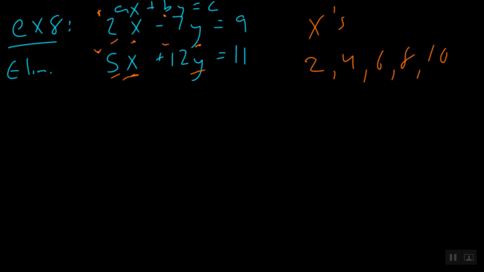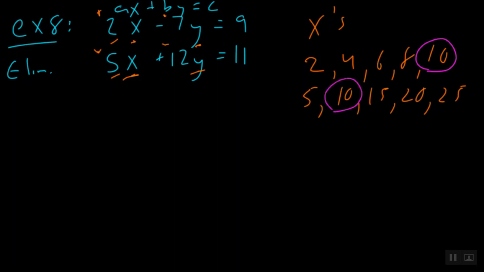And if I start out with 5, 10, 15, 20, and 25 are my first 5 multiples of 5. Now, if you will recall, what we want to do is find the LCM, the smallest number that they have in common. And so we would say that the LCM is equal to 10.